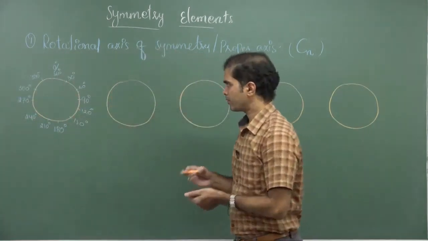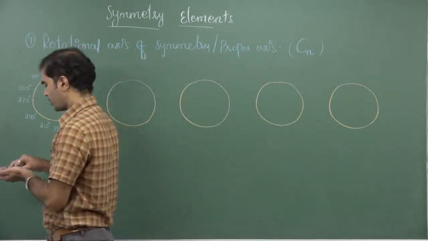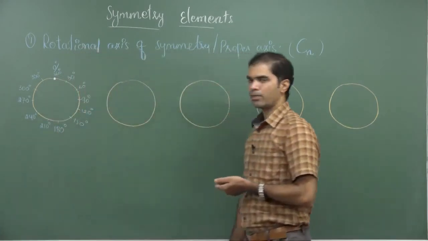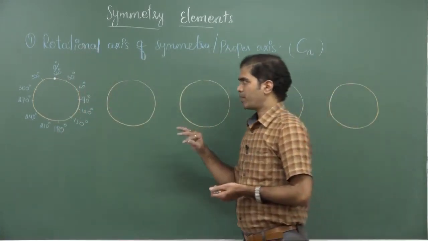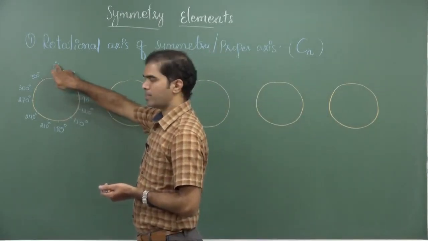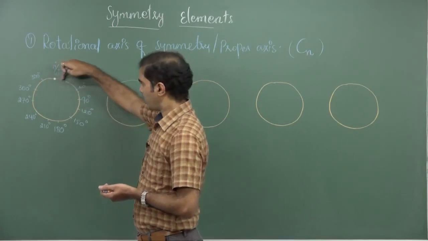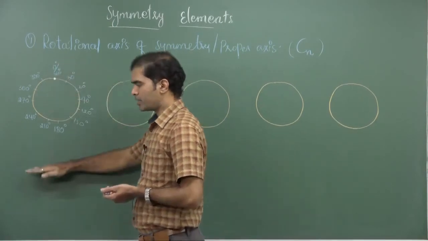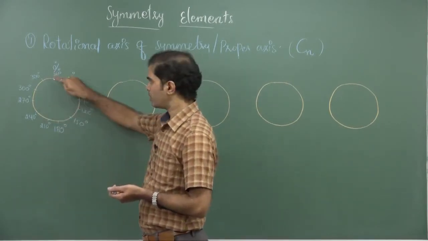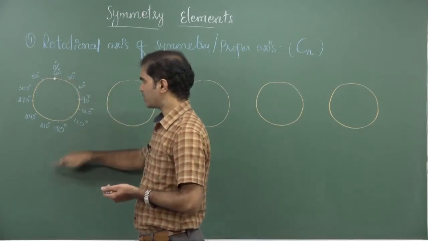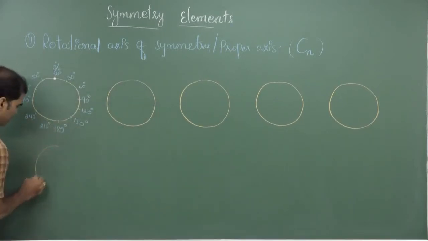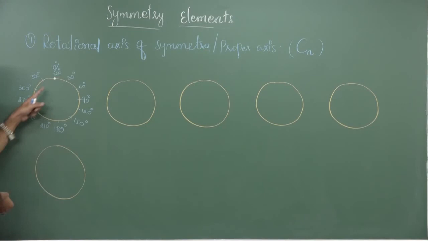Now in this stereograph, let me take a point at 0 degree. What we have to understand is, this point is at 0 degree. To what degree should I rotate the point, so that I get another stereograph which looks just like the original one? You can try. That point is here.